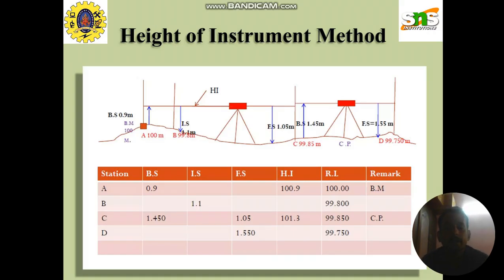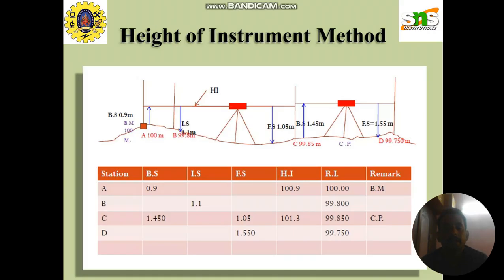With reference to the height of instrument, the reduced level of all other points can be determined using the relation: reduced level of other points equals height of instrument minus intersight or foresight readings. So here the height of instrument for the first position is 100.9 meters and the intersight reading is 1.1 meters.